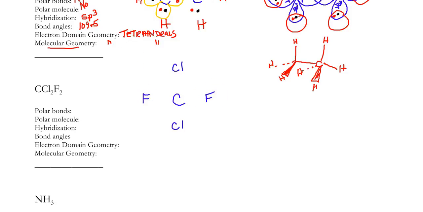Okay, let's put in the valence electrons for carbon: 1, 2, 3, and 4. And for chlorine, of course, a halogen is going to have 7, so I have to show all 7. Can't be lazy here. Can't leave out any lone pairs.